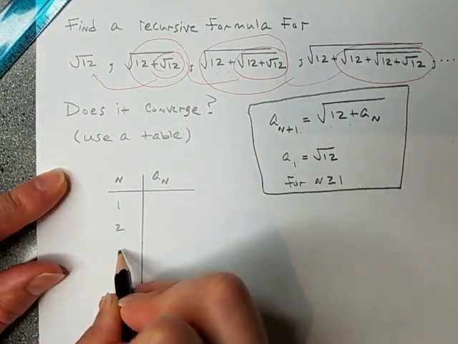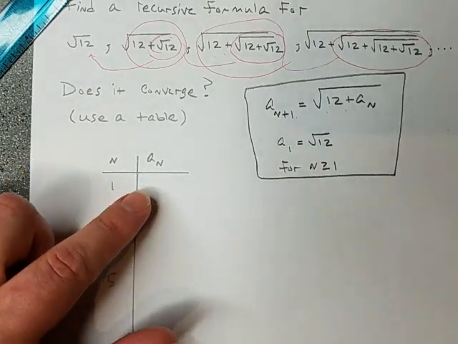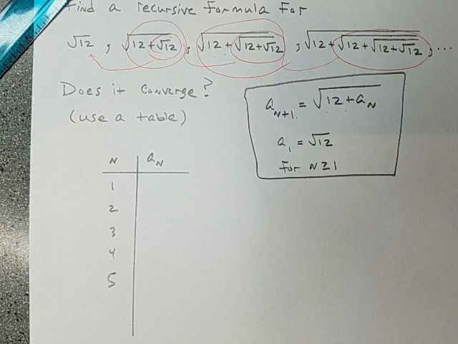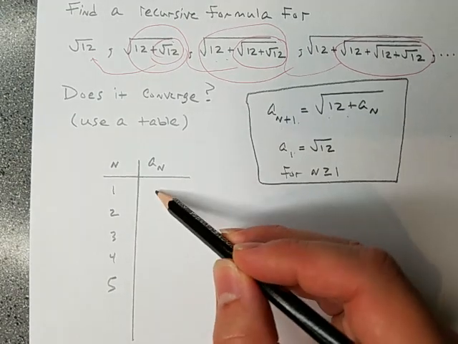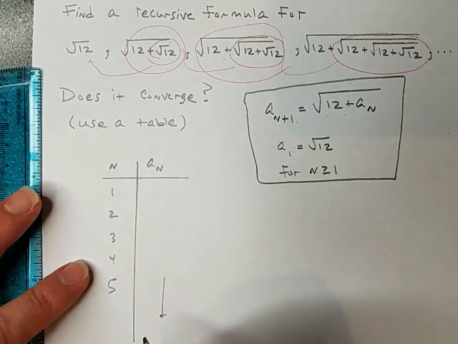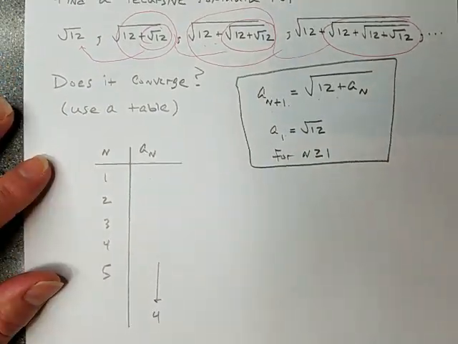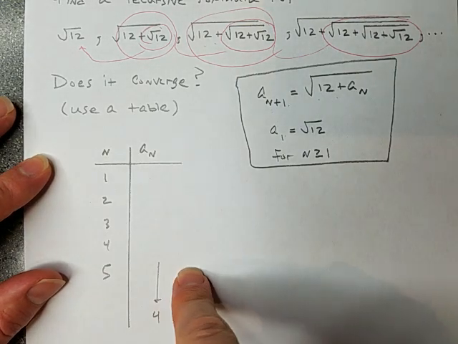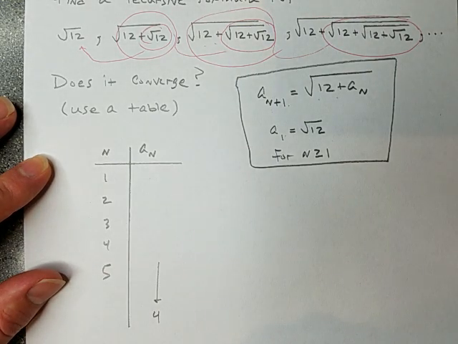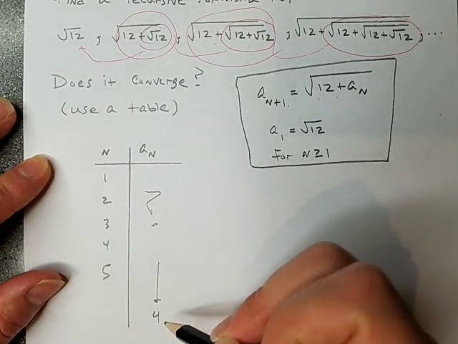So we'll do 1, 2, 3, 4. I think 5 will be enough. Now, I want you to actually do the calculations, but you'll find that these numbers pretty quickly and obviously are going to 4. I'll let you do the math, but that's what you'll see. It will be pretty obvious in the table.